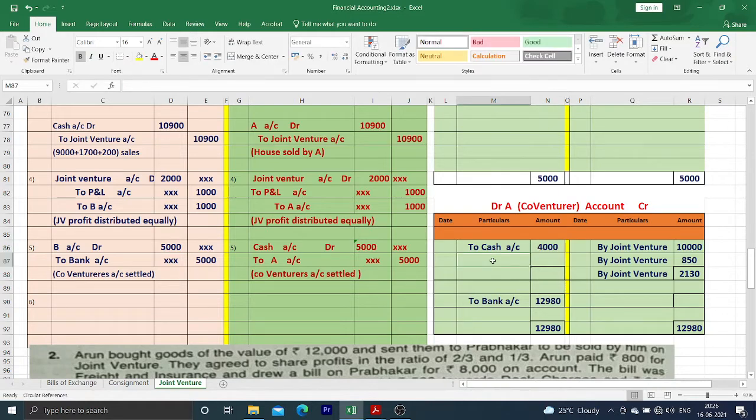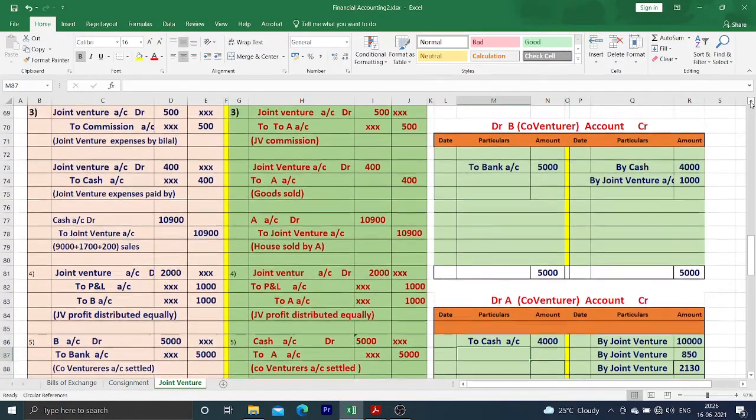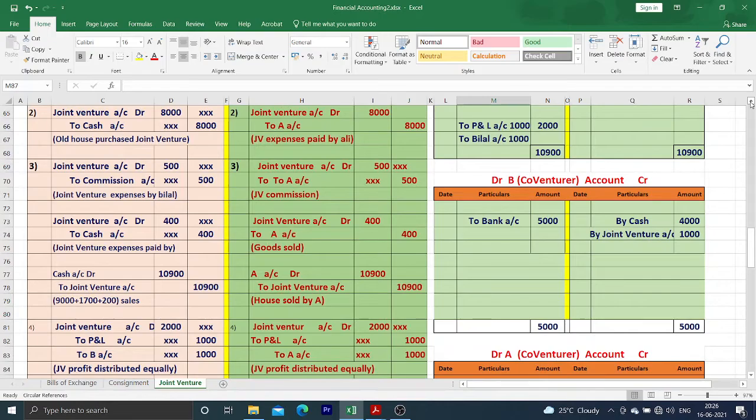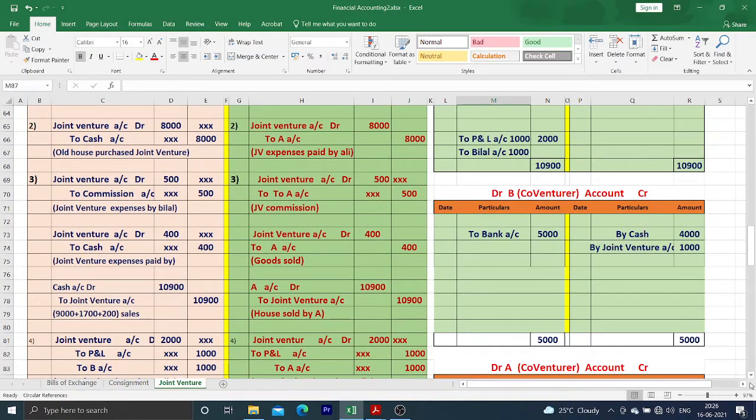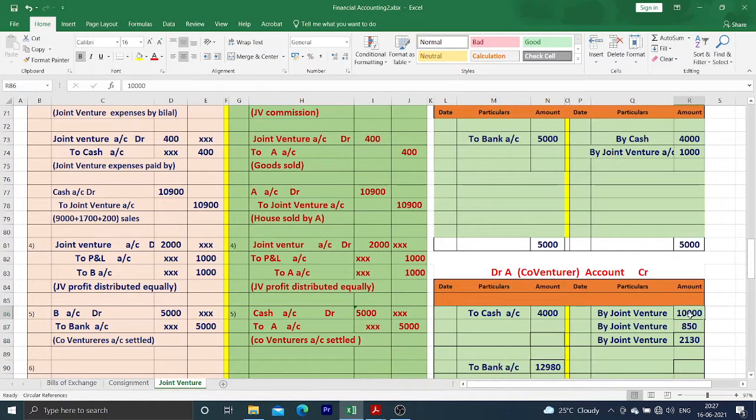A purchased, joint venture account data to A account, by joint venture 8,000. By joint venture, 500 commission. By joint venture 400.